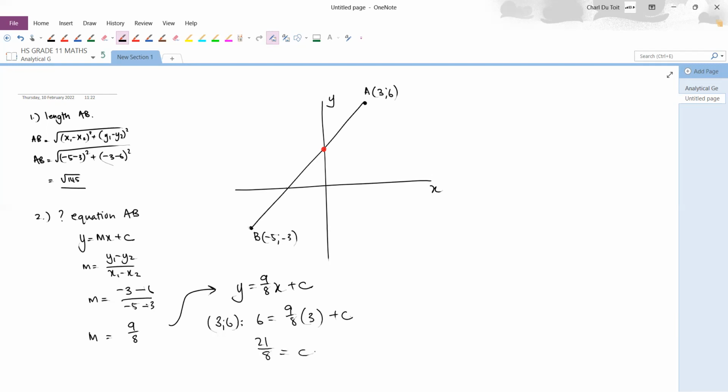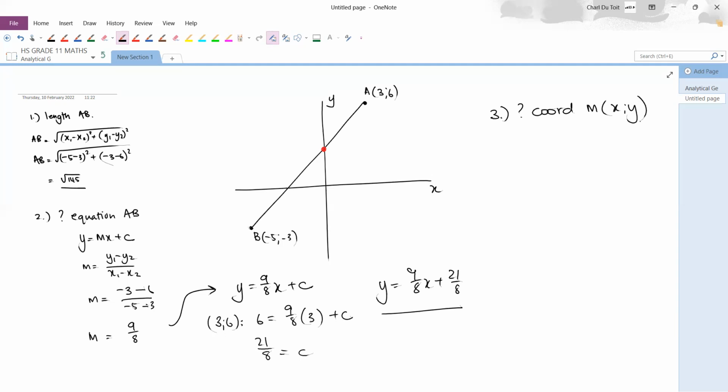That looks right. So now I've got the formula. y equals 9/8 x plus 21/8. But again, this is grade 10. Let's do the last bit of grade 10 work. I want to know what are the coordinates of the midpoint.